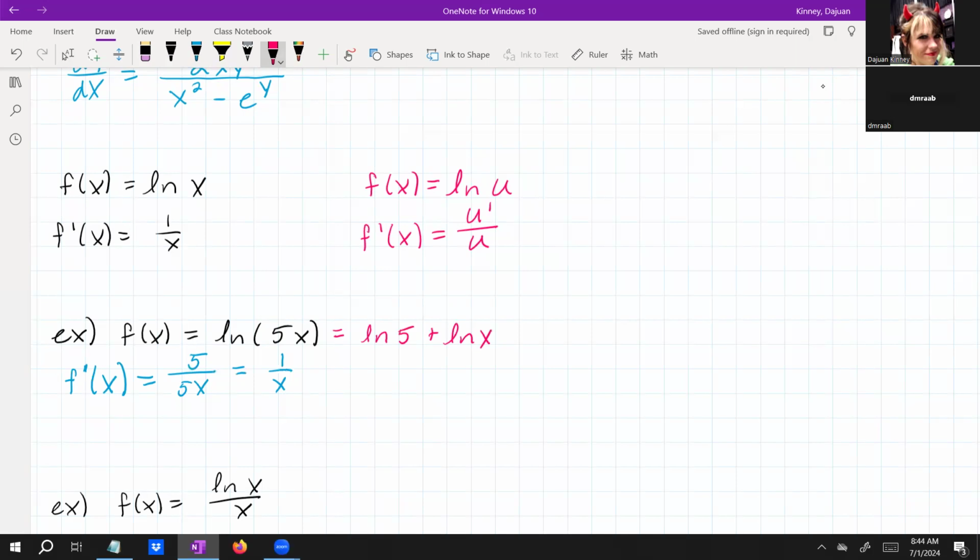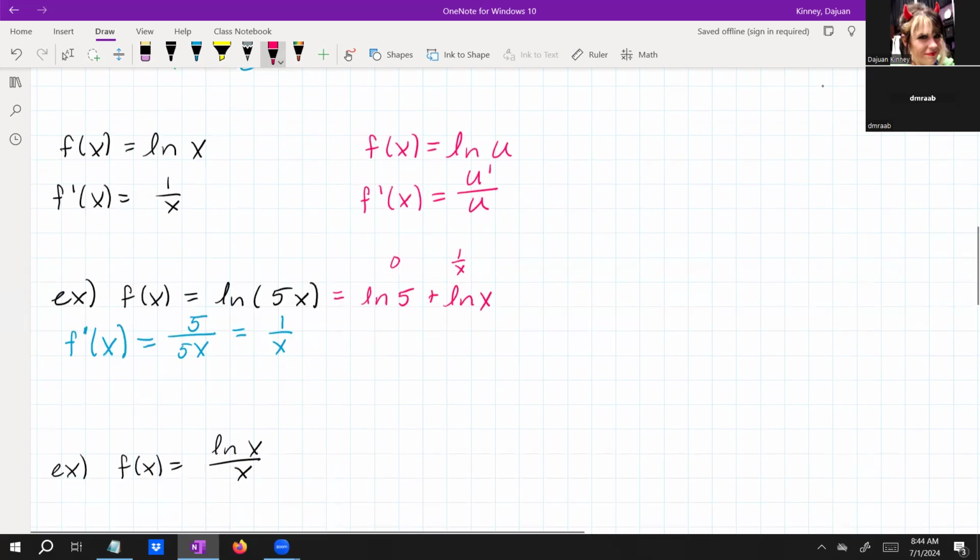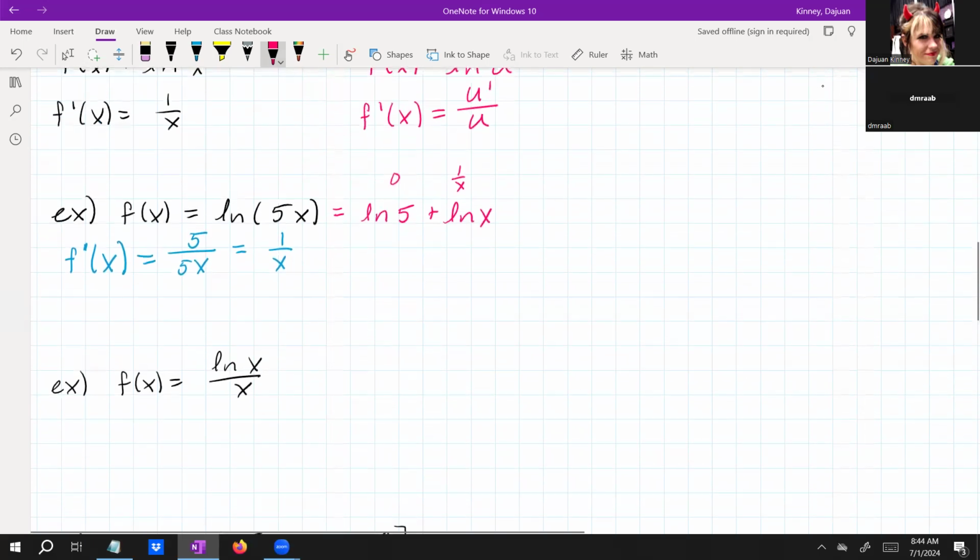So now, the derivative of the natural log of 5 we just get 0, and 1 over x. So that's why it goes away. And we can use the spreading out of our natural logs to make our math easier. And actually one or two down, I do believe I gave one of those to work on. Oh, look at that, I did.